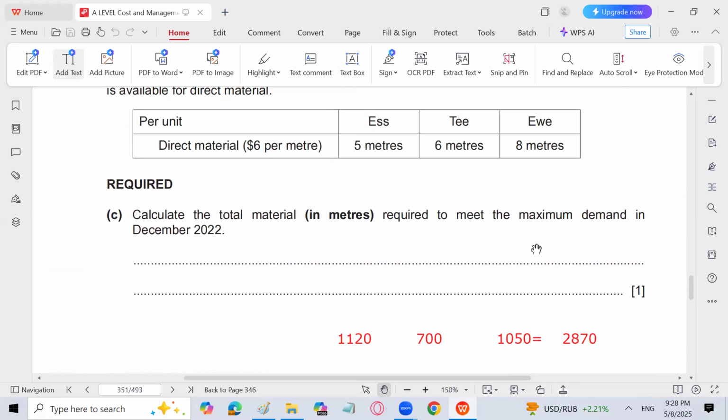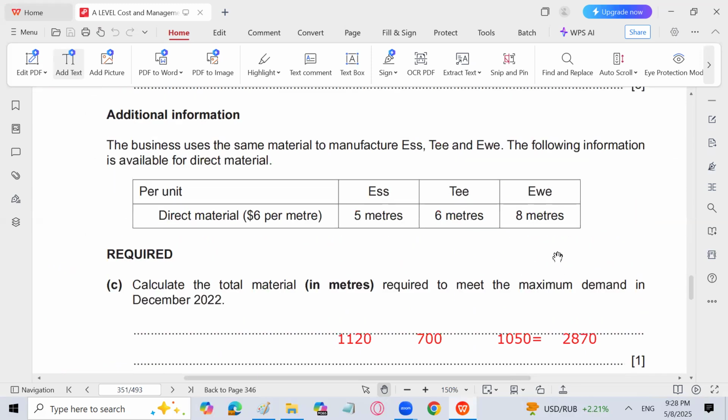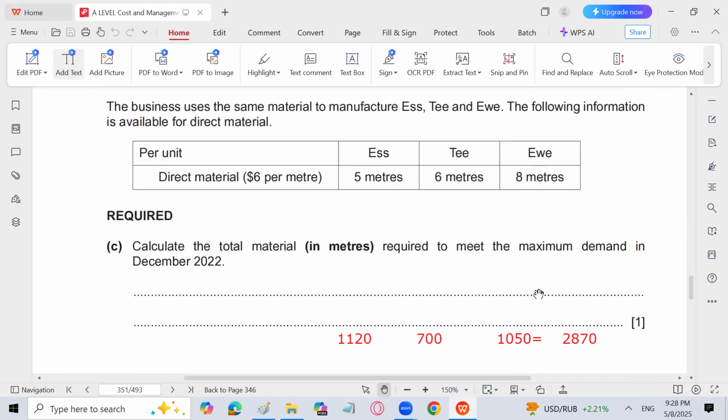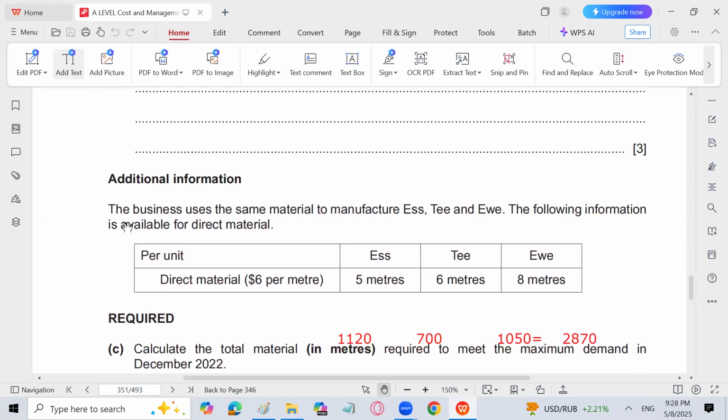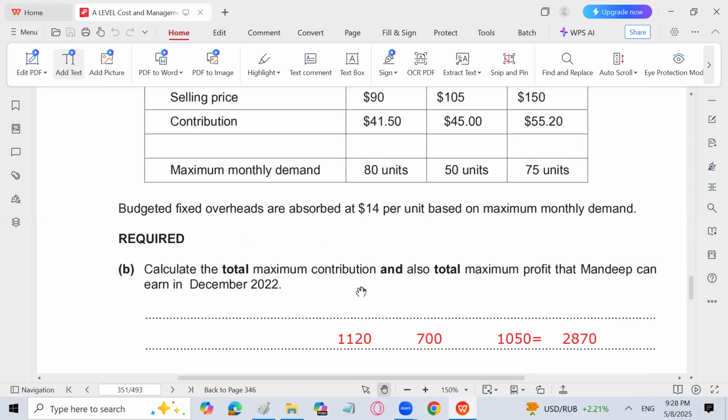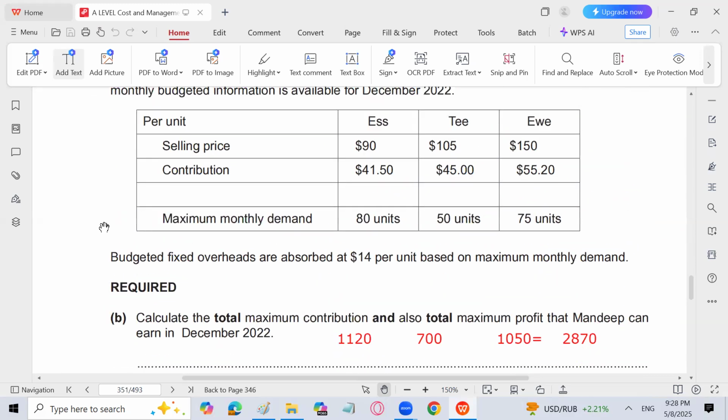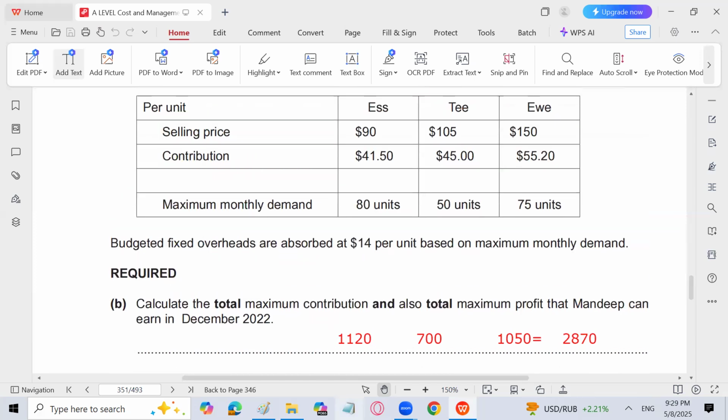The shortage has occurred in December, so calculate the total material in meters required to meet the maximum demand in December. The data is also given for December. Okay, now let's go back.